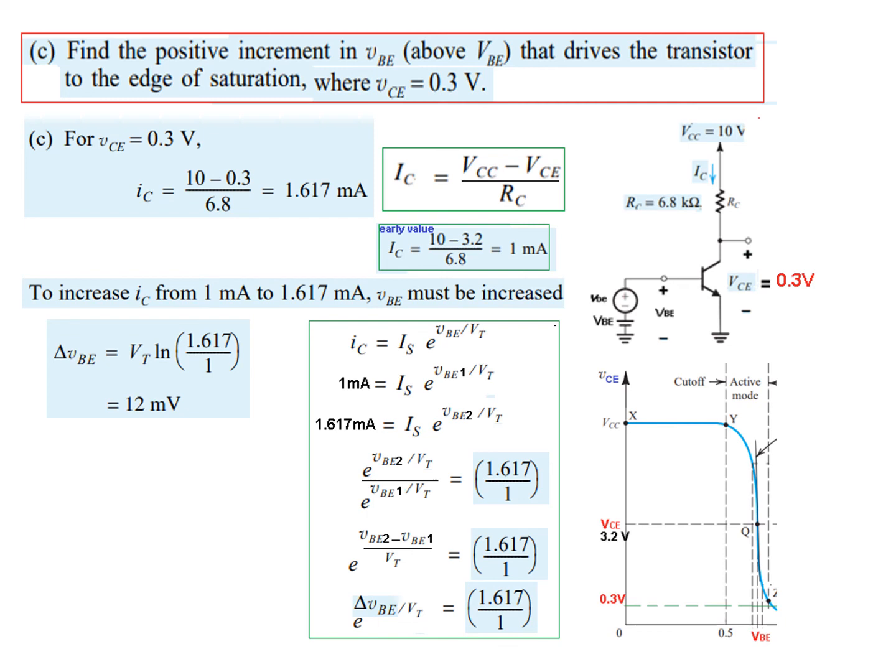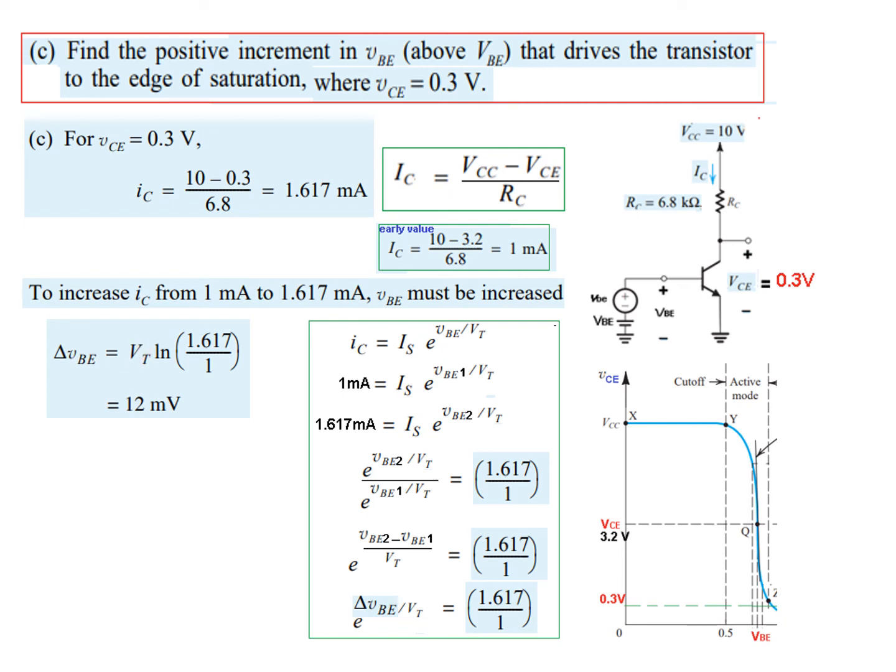Now if you take log natural on both sides, then we'll get delta VB over VT is equal to log natural 1.617 over 1. Now this VT, which was here, will come to the right hand side.